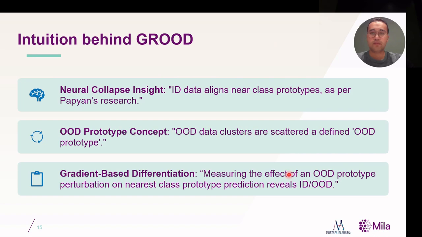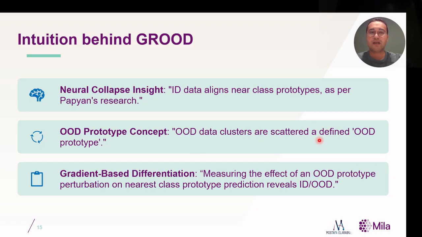So what is the intuition behind GROOD, or what gave us that idea? You have neural collapse, where in-distribution data aligns with class prototypes, as per the Papyan paper. And for OOD data, the clusters are scattered.